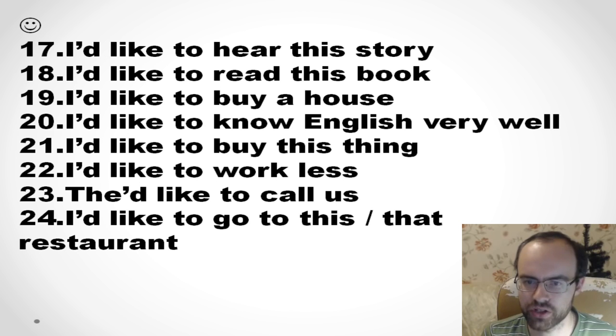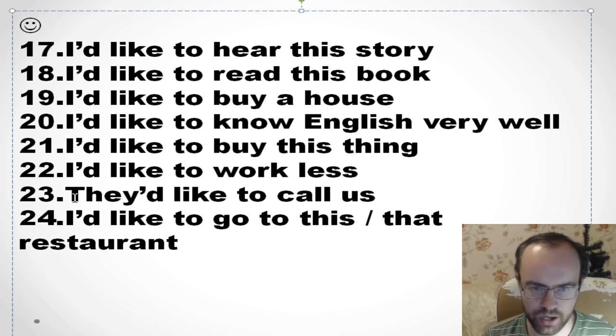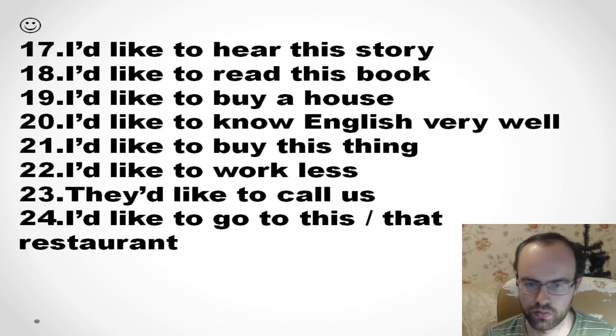I'd like to know English very well. I'd like to buy this thing. I'd like to work less. Next, so they'd like to call us. I'd like to go to this restaurant, or I'd like to go to that restaurant.